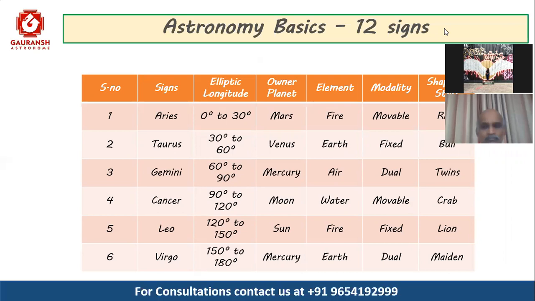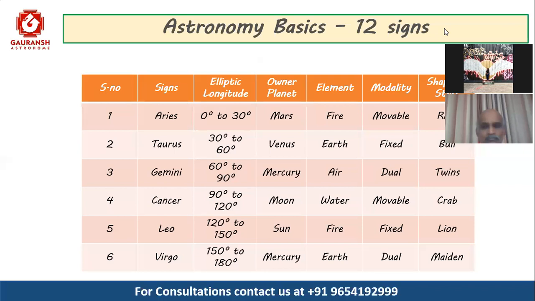Second sign Taurus starts from 30 degrees in the zodiac to 60 degrees. Owner is Venus, and it is a fixed sign. The third sign is Gemini, from 60 degrees to 90 degrees. Owner is Mercury.